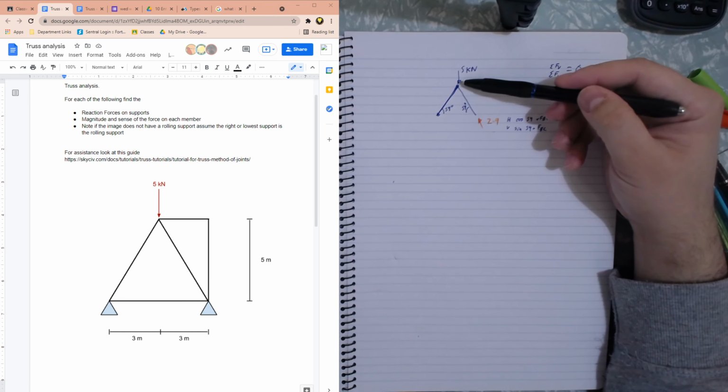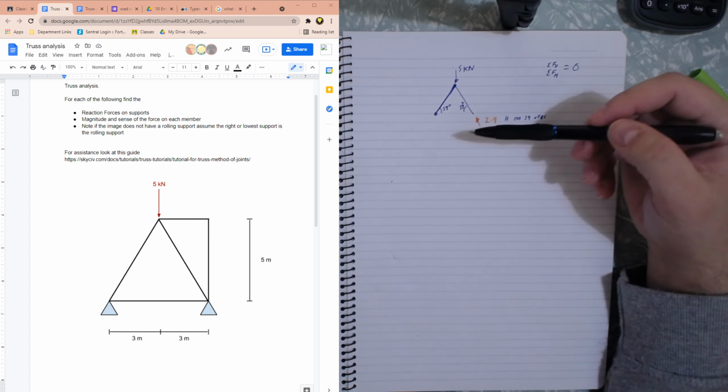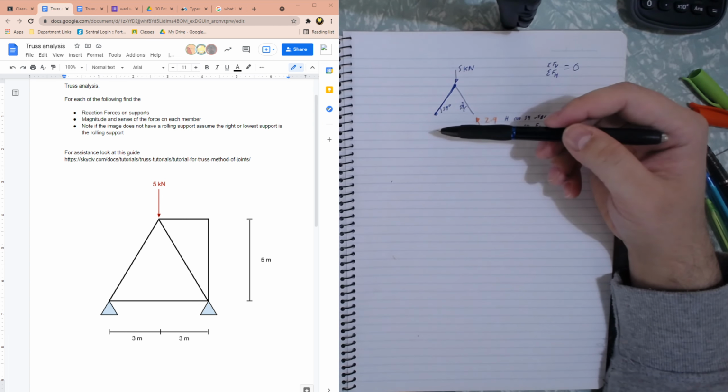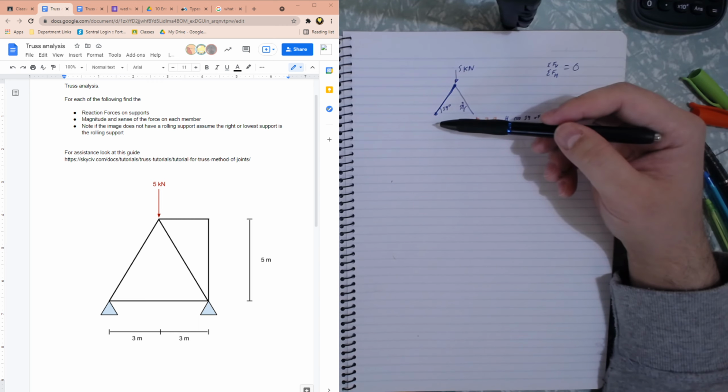This is going down, so we're going to have a force that goes up, and we already have a force that goes up, so we don't know if this one is going up or down, because mathematically it can still work out.